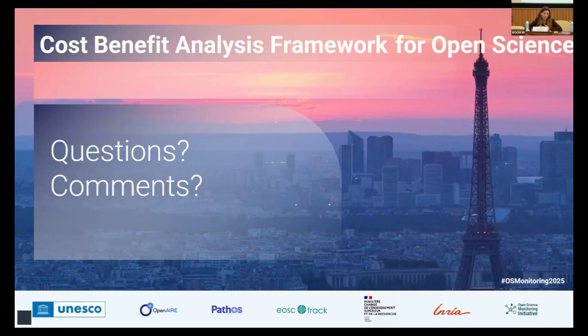So what happens when an open science practice is developed and maintained, and how this can be observed, measured, and translated into a monetary value. Many aspects lend themselves less well to this kind of treatment. We can describe them in more qualitative terms, but they cannot be translated immediately into these types of measures.